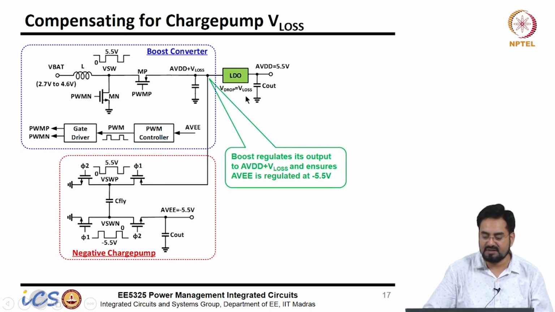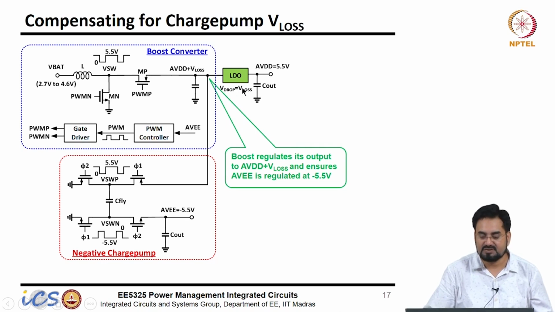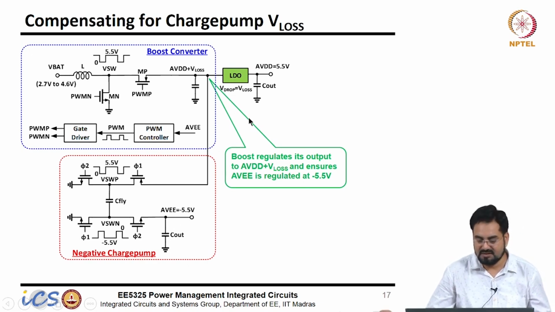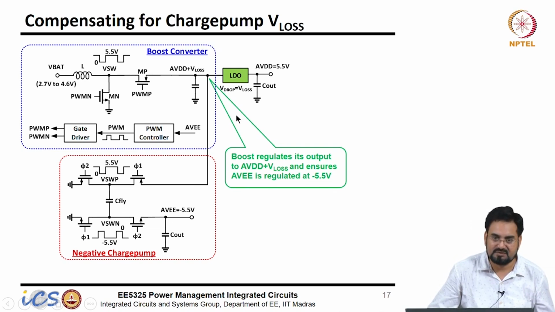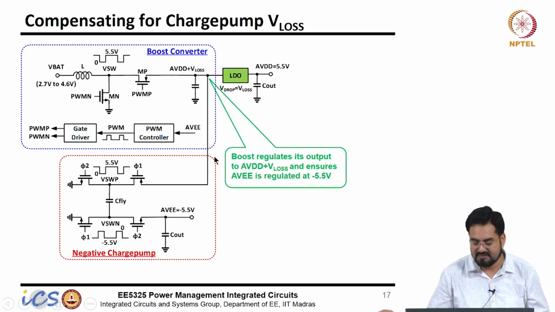Obviously 100 millivolt will be the dropout voltage in the LDO, so that will be a loss in the circuit and your efficiency will be degraded a little bit. But if you have a requirement of exactly the same voltage on both sides, you have to live with that. You have to sacrifice some efficiency to match these two voltages, positive and negative.